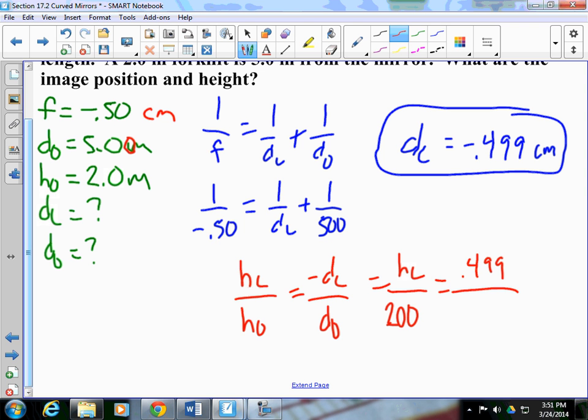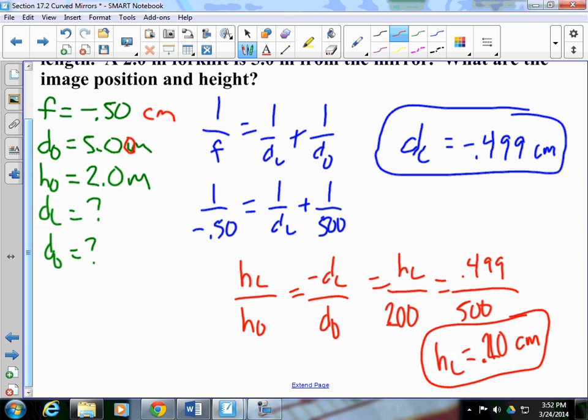And our DO is going to be 500. So we plug and chug, and in the mirror, the forklift appears to be 0.20 centimeters tall, which means hypothetically, poor example, that you can barely see it in the mirror, but that's a good example.